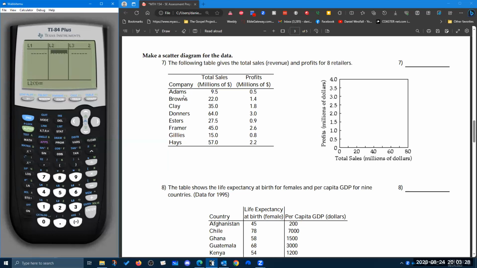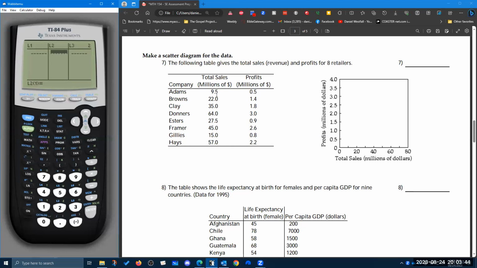I'm going to put this data in here. I'm not going to pay attention to the name of the company. I'm interested in my independent variable being total sales, which is this column, and my dependent variable being profits, which is this column.